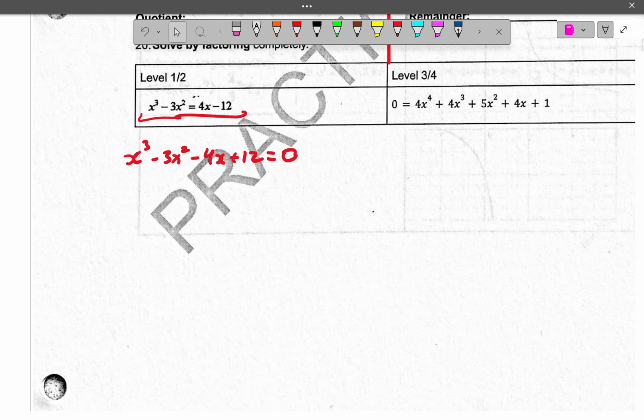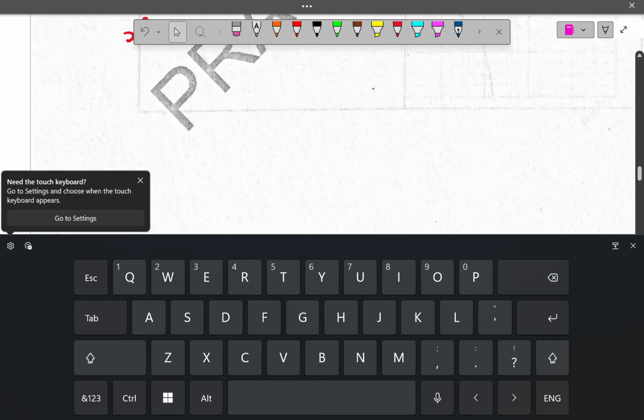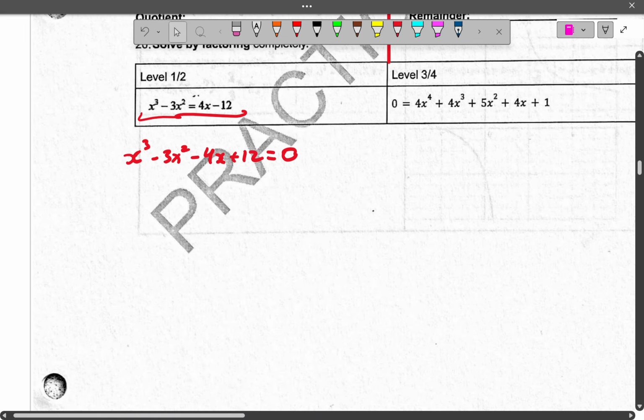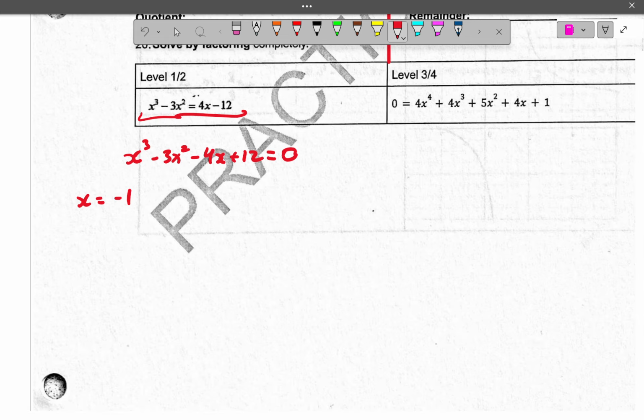So I could say, let's try x equals -1, for example. Then this first term will become -1. Then we have -3 times -1 squared, which is just 1, so -3. Then -4 times -1 plus 12 equals 0.